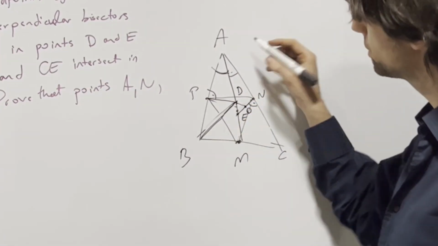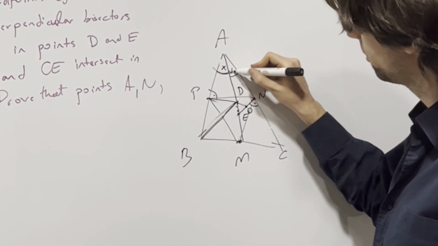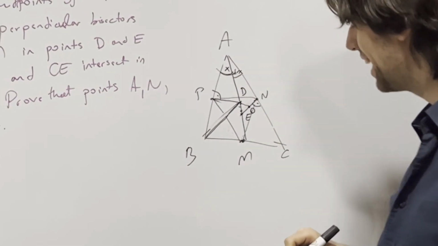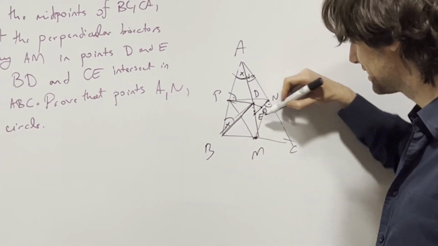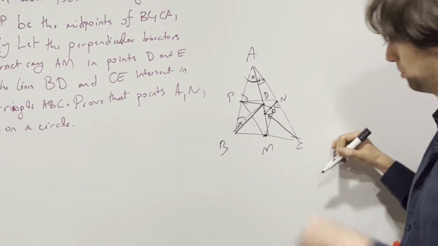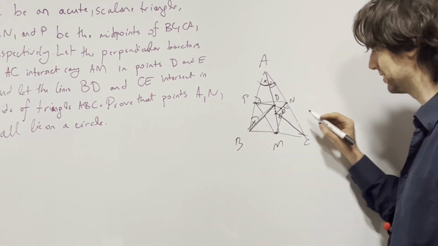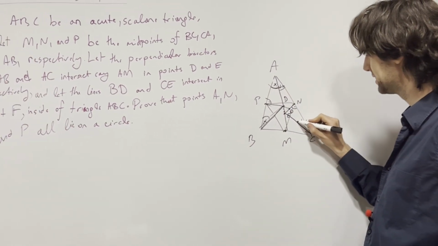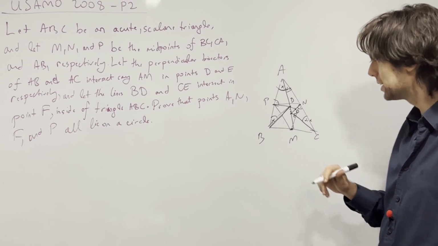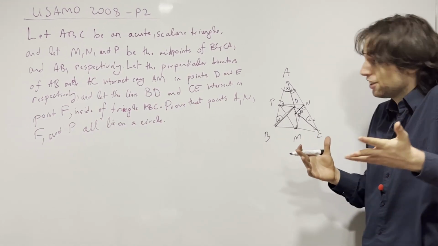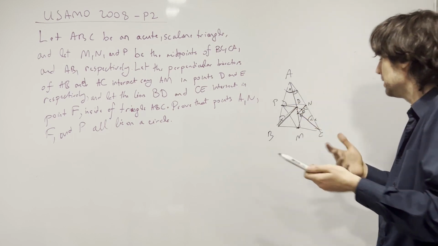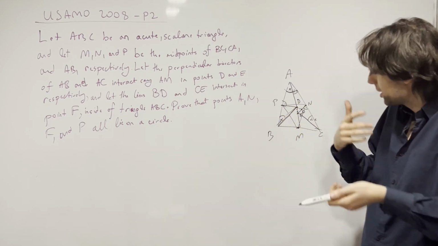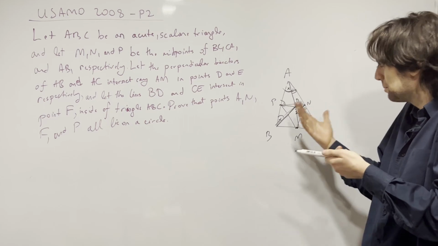I'm also thinking maybe we should call these angles X and alpha minus X, because I'm connecting BD and this is X, and CE. Because this is a perpendicular bisector, this is then alpha minus X. Maybe there is something cool about this point. You never know. You want to keep these options open.